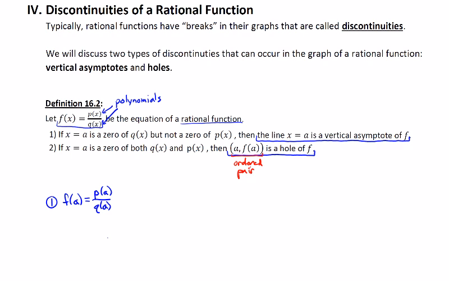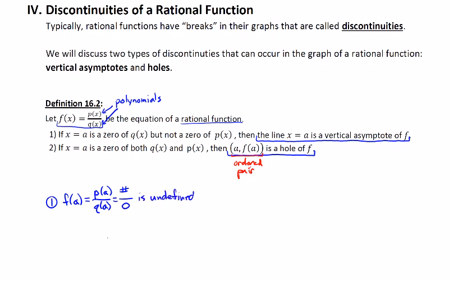So if you plug it in everywhere and q ends up being 0, but p ends up being something that is not 0, some other number, then you're going to end up with a number divided by 0. This is called undefined.